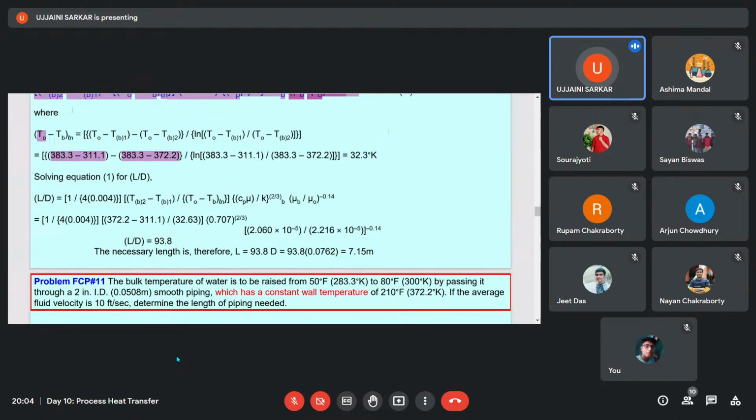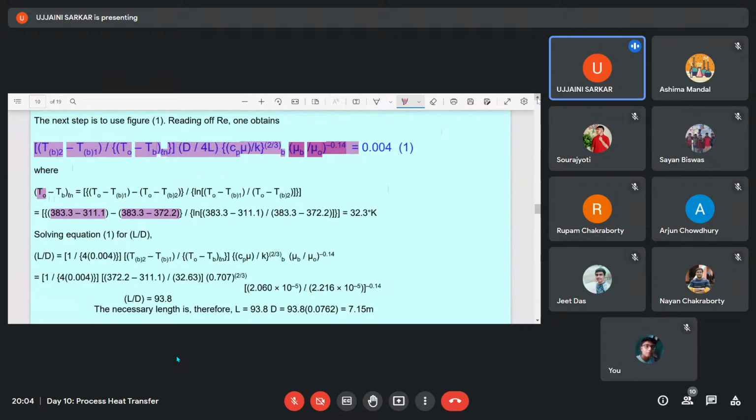So now they solve equation 1 for L by D. They don't use the chart, because if they use the chart, you will find that at a Reynolds number of 6140 and at an ordinate of 0.004, all the L by D curves join like a tail of a peacock. So they join at one point. That's why you solve equation 1.